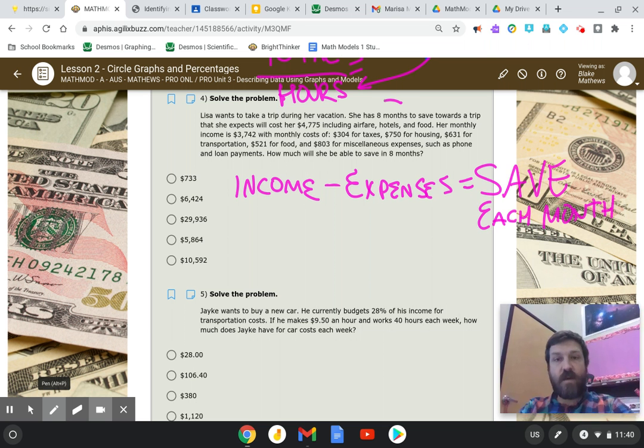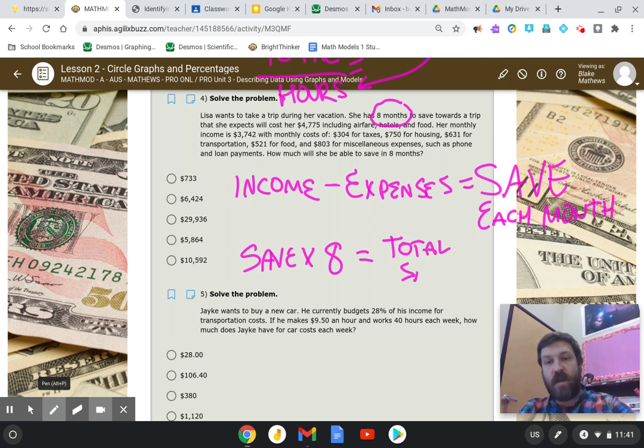We know that she has 8 months to save. So each month she's going to save this amount. So you need to do the savings times 8 and then subtract. That's going to be the total saved. And that's the number you're looking for right there.